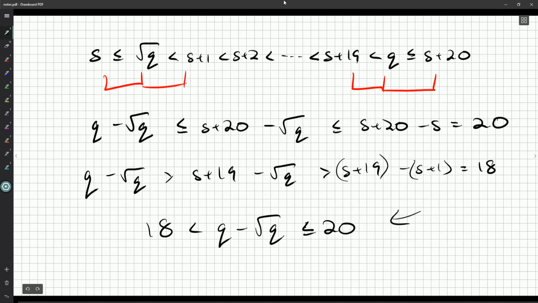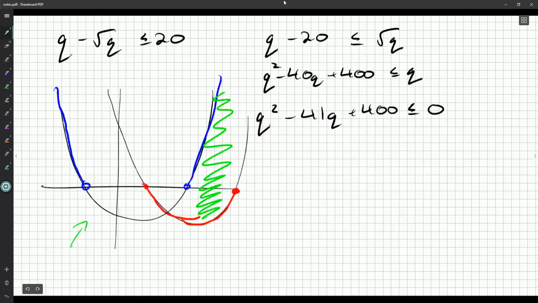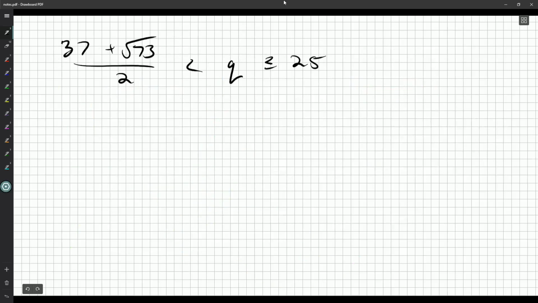But does that automatically imply that there are exactly 19 things in between? Let's break it down in terms of integers. So this guy, you know, call him 22.7. Doesn't really matter. But we could break this down into the q's that are between this and the next integer.